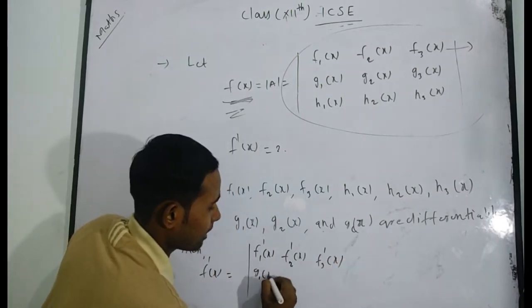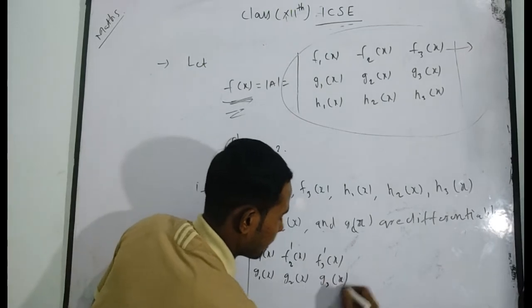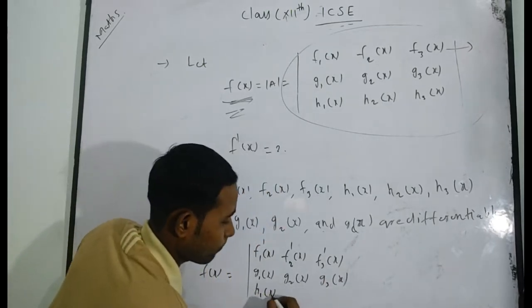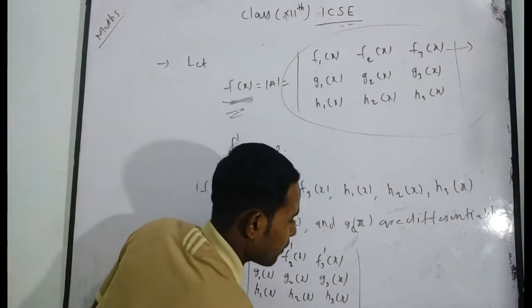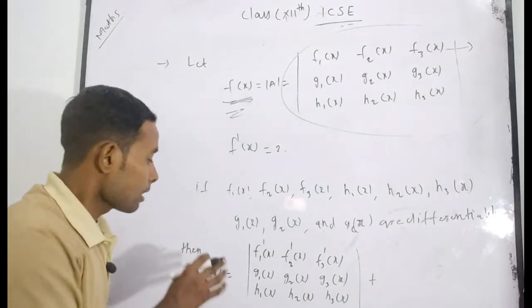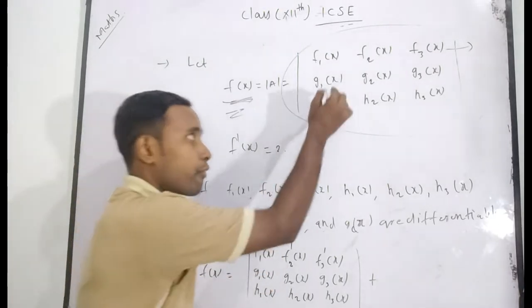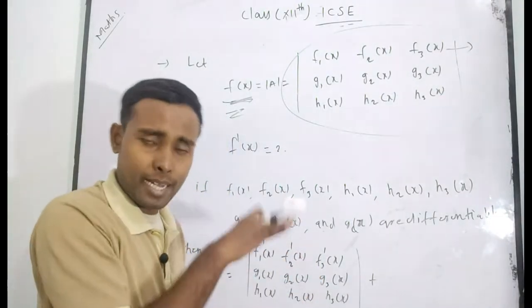Here will be g1x, g2x, g3x. Here will be h1x, h2x and h3x. This will be your first step. That means firstly differentiate all first row functions and the remaining functions will be the same in the determinant.